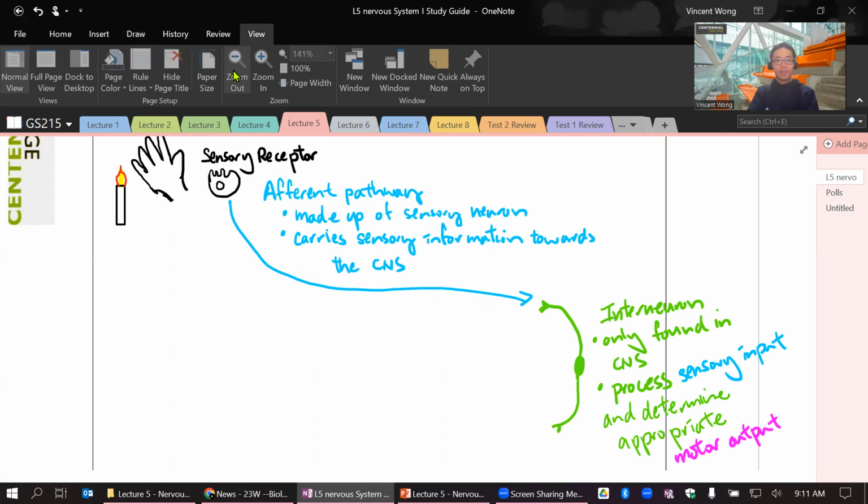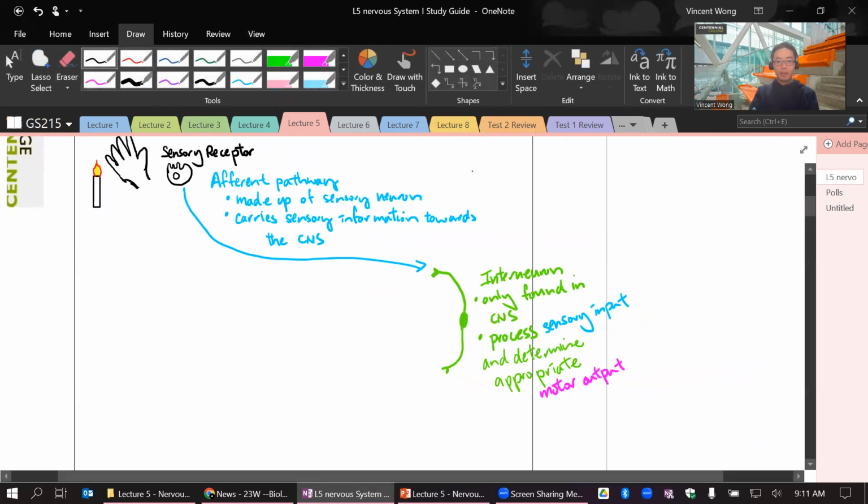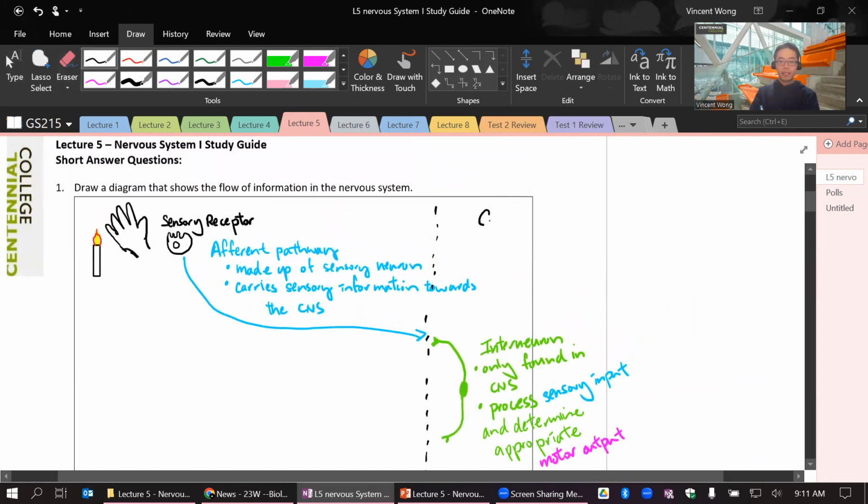Okay, so here I'm going to draw an imaginary boundary. I'm going to cut through my own words here. This would be the CNS, the central nervous system, brain plus spinal cord. And in this case, your spinal cord is fully capable of making that decision for you.